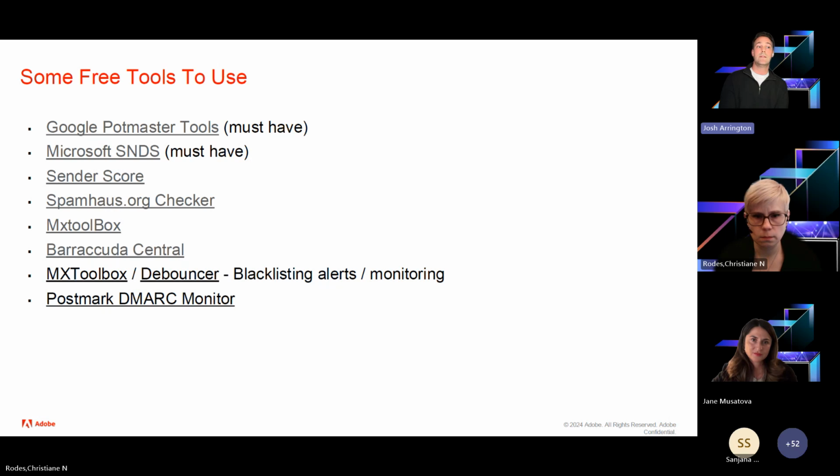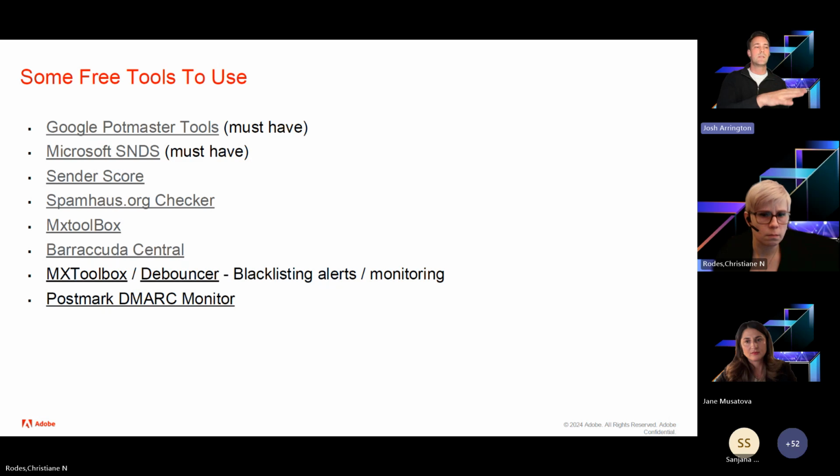They also offer blacklist alerts, so they'll monitor if your domain ends up in a blacklist or your IP and alert you. Debouncer has the same services paid, and then Postmark has DMARC Monitor. As I mentioned, they have a feedback loop, so when a recipient server notices an issue with an email coming in, one of the records that isn't set up correctly, or someone is spoofing your account, it sends an alert to wherever you tell it to based on this DMARC.